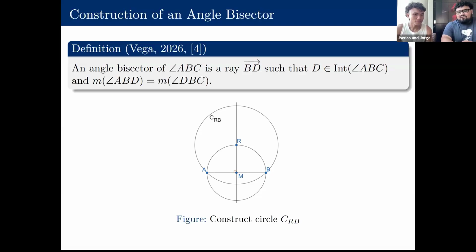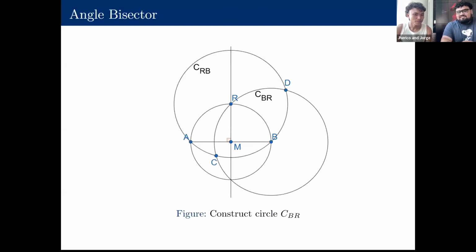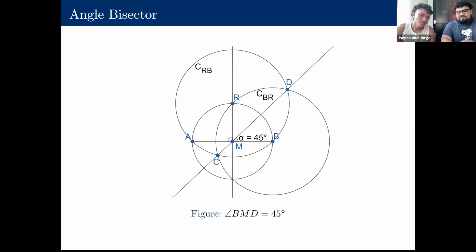And next we construct a similar circle, but with B being the center and R being on the circle. Similar to the perpendicular bisector, they intersect at points C and D. So we draw a line segment through those points, and that line segment is our angle bisector.